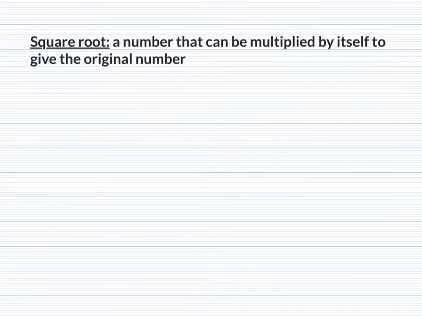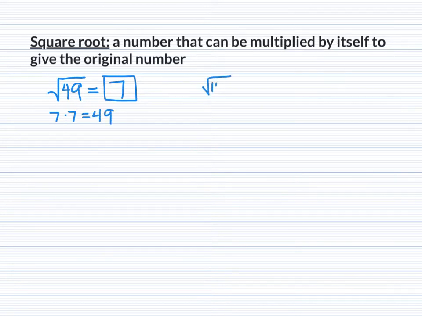So, for example, we know that the square root of 49 is 7. That's our answer because 7 times 7 equals 49. And we know that the square root of 100 is 10 because 10 times 10 equals 100. This is the answer we want, 10.